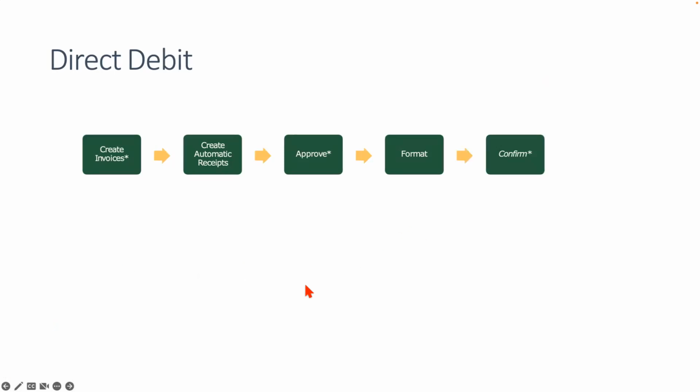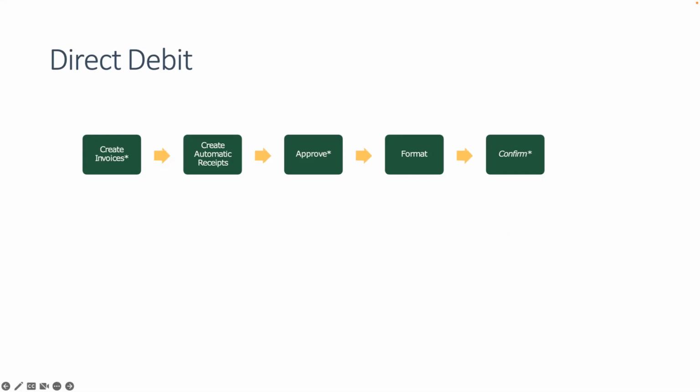With a direct debit, you need to first of all send a file off to the customer that you want to take money from their account. The process is pretty much the same, but in this case, you have the remittance, and then you're matching that remittance to what you've got outstanding.